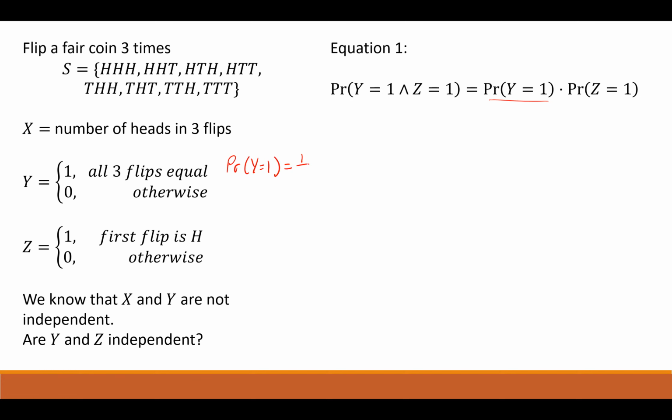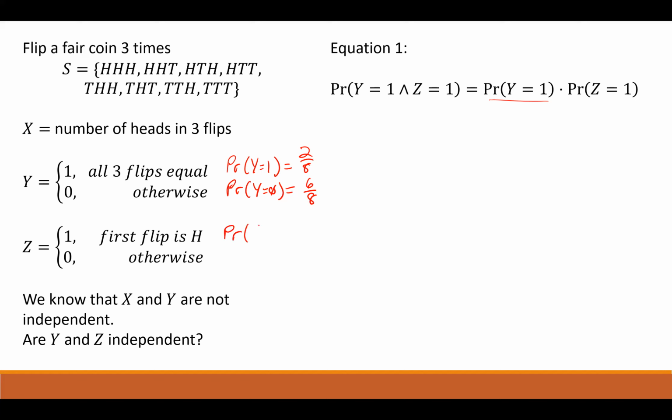That is 1/4, right? Let's not reduce it. Let's write it as 2/8, because we know that this event has size 2 and the sample space has size 8. And the probability that y equals 0 is 6/8.